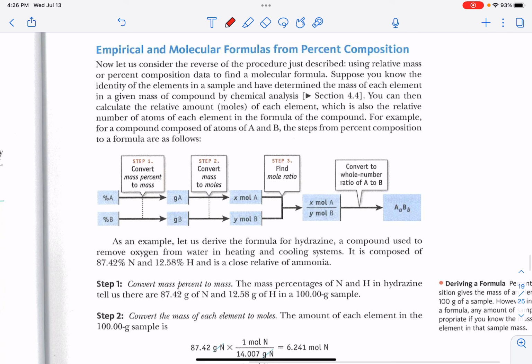And here's a little schematic diagram. Some people find this helpful. Some people think it's more complicated than it's worth to try to figure it out. But in any case, you're trying to find the ratio of moles of one atom to moles of the other atom in order to deduce the empirical formula.